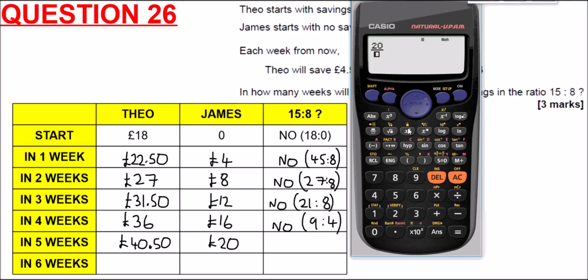Small number on top, big number on the bottom. We get 40 over 81. So again, that's not right yet.